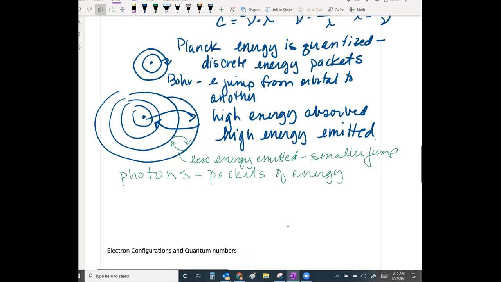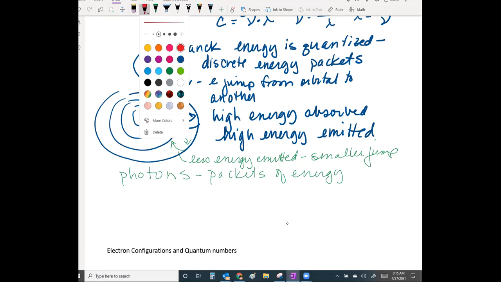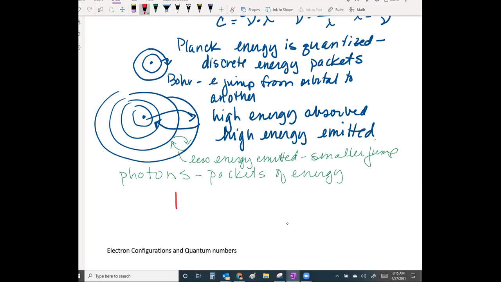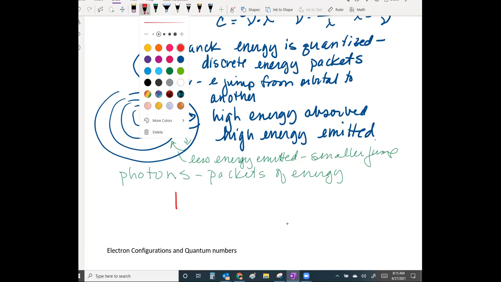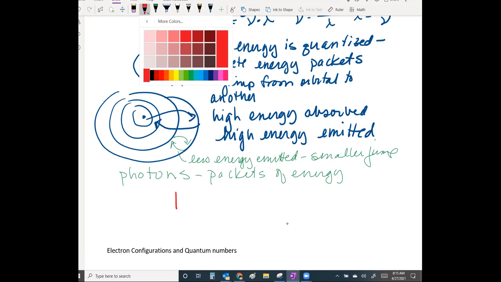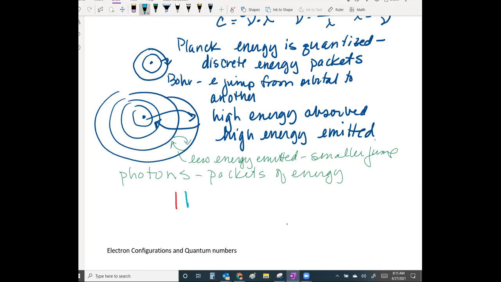Let's talk about the light that it gives off. Hydrogen gives off a spectra. If you look through a spectroscope, hydrogen gives off a spectra. And you can see the little lines.